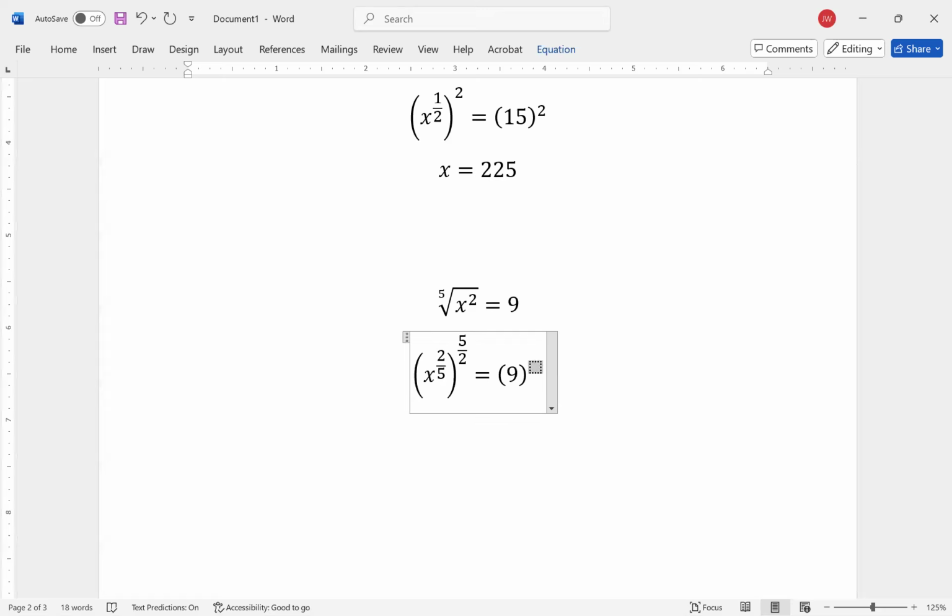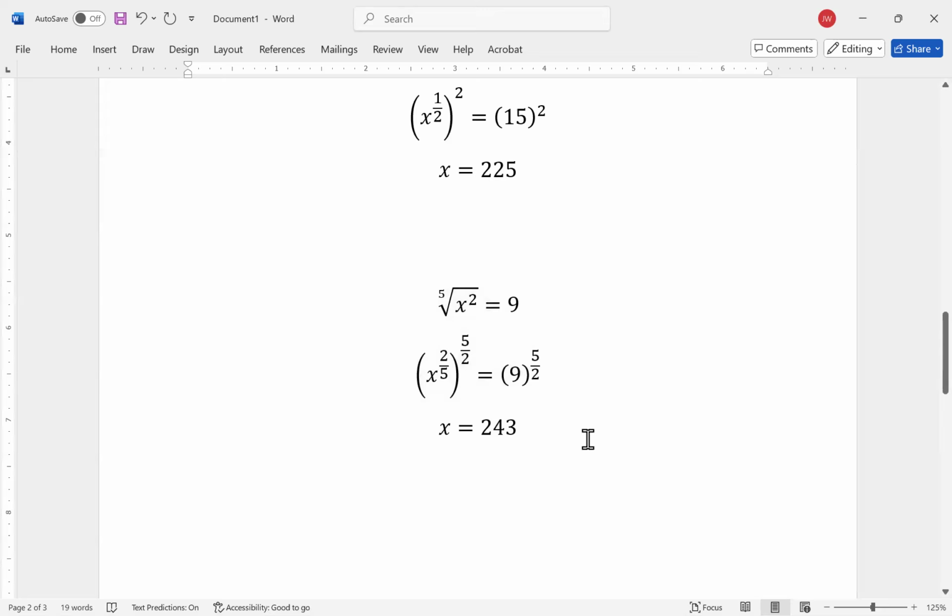And I'd do the same thing on the right-hand side as well. I'd take 9 and raise it to the 5/2 power. Now, if I take 9 and raise it to the 5/2 power, I end up with 243. And that is a number that when I square it and then take the fifth root, I would get 9. So that is a number that works in this equation.